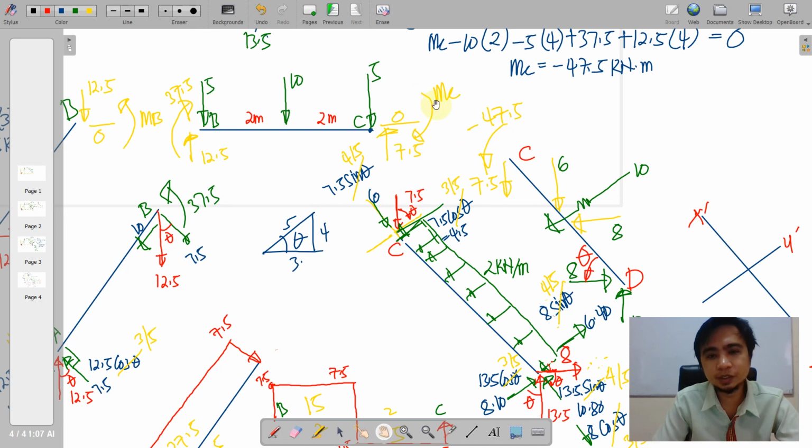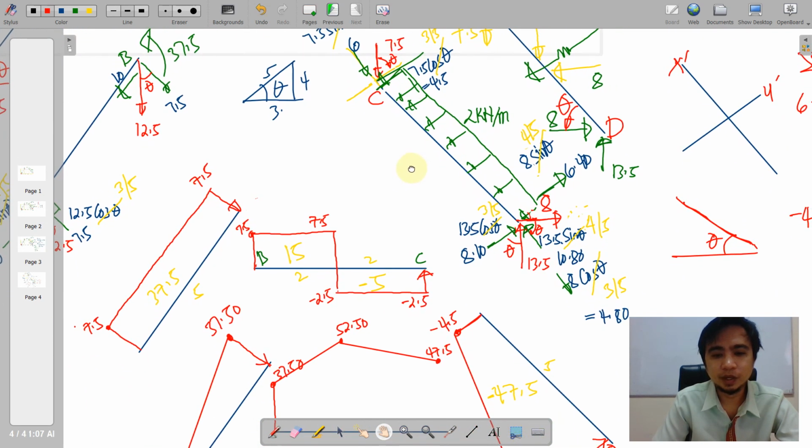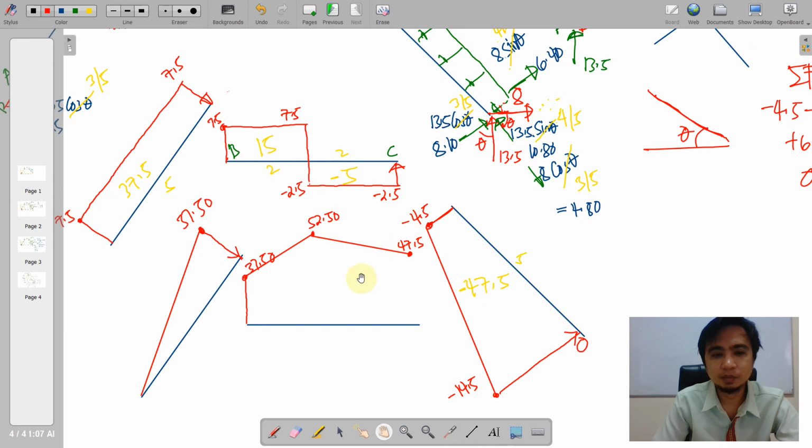Okay, we pin this and then apply the moment. It will orient our beam outwards, so that is positive. However, we carry the sign, so that is negative 47.5, and that will yield your diagram to 0. Okay, so here it is. We'll yield back to 0.